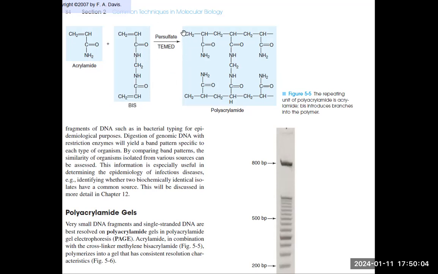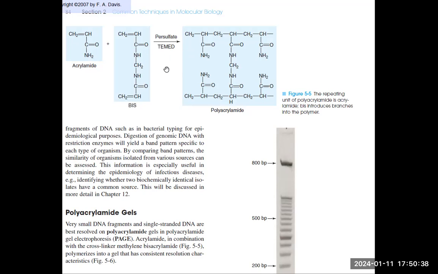So we have two types. We have persulfate plus TEMED, and we also have riboflavin plus TEMED. Ammonium persulfate will produce oxygen free radicals in the presence of TEMED. Those free radicals will drive the polymerization process of our PAGE. See? Without free radicals, there's no polymerization.